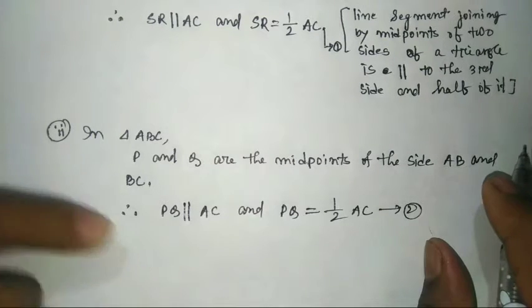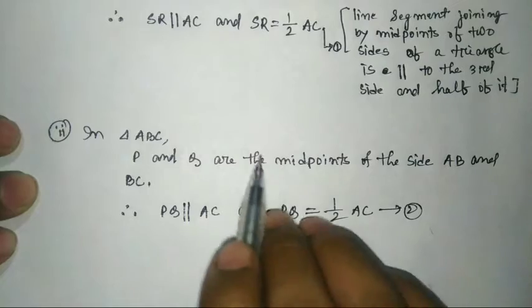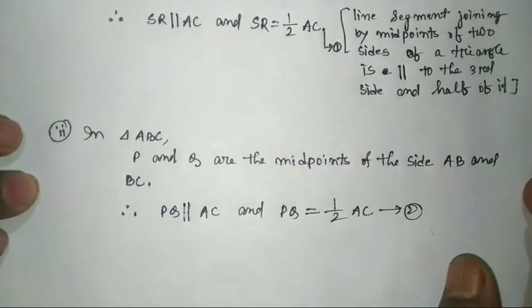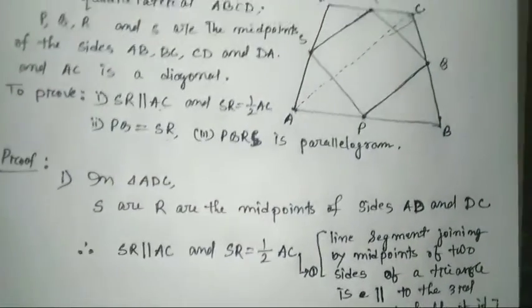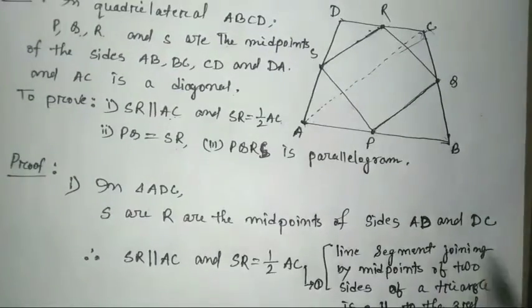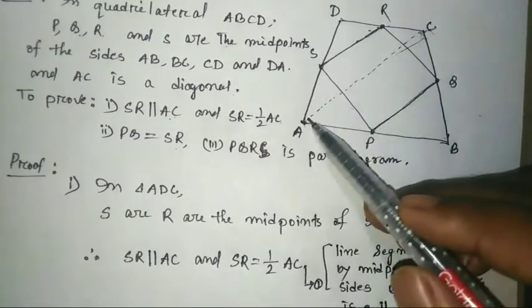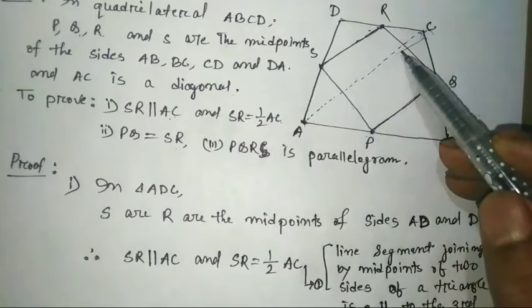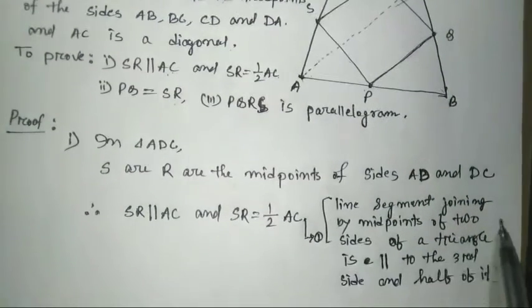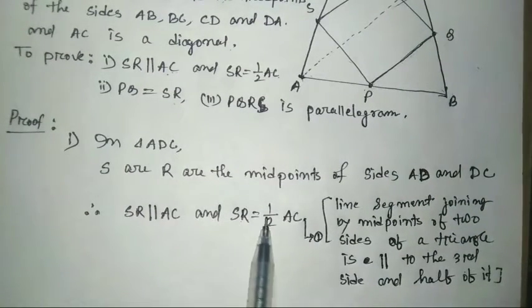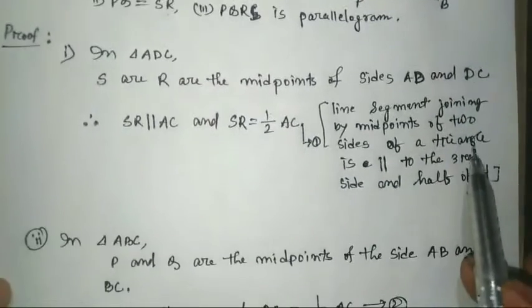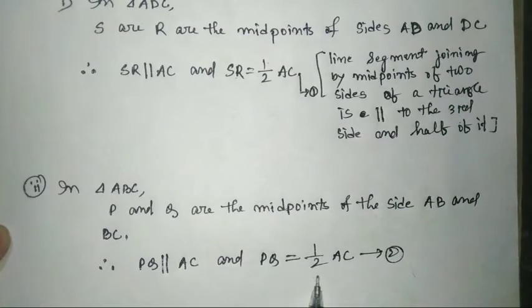So now see, we need to prove PQ is equal to SR. From this figure you see, SR is also half of AC and PQ is also half of AC. So from equations 1 and 2, SR is equal to half of AC and PQ is equal to half of AC.